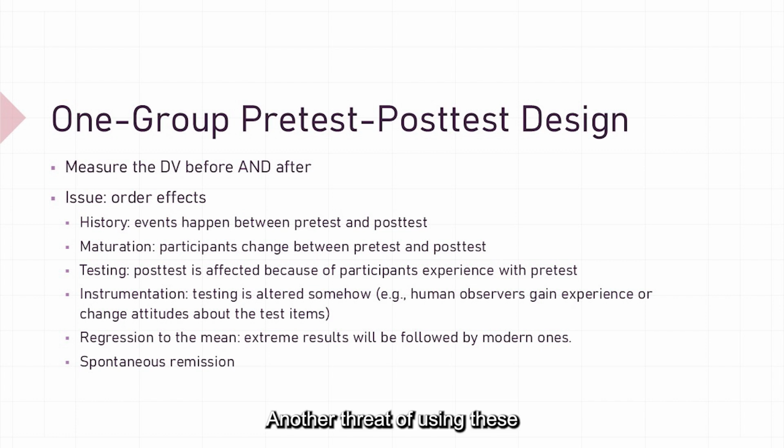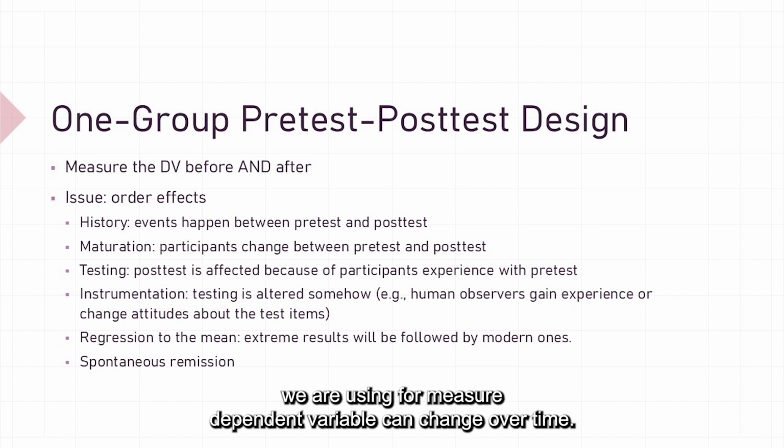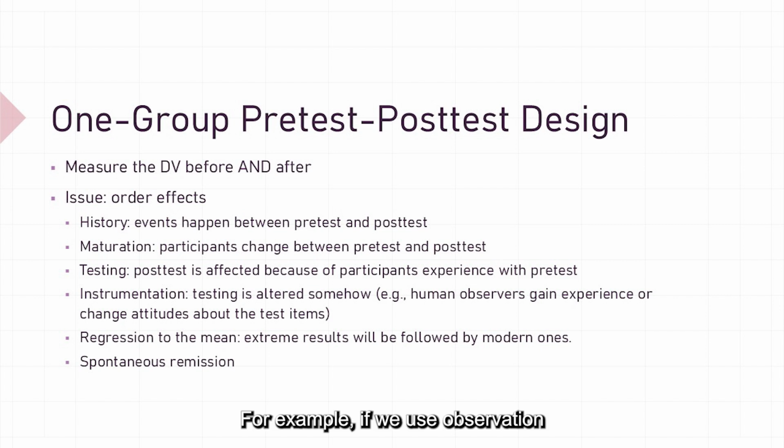Another threat of using this kind of design is instrumentation, meaning that the instrument we are using to measure the dependent variable can change over time. For example, if we use observation as our method, our observers could either improve in their ability or maybe get fatigued.